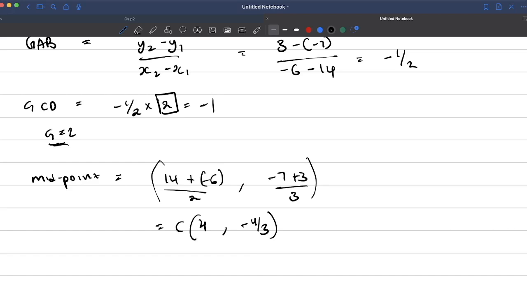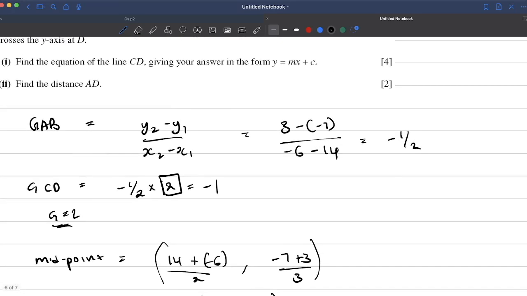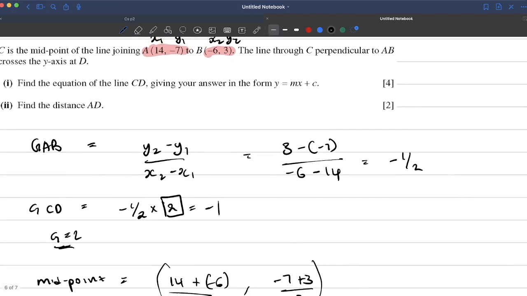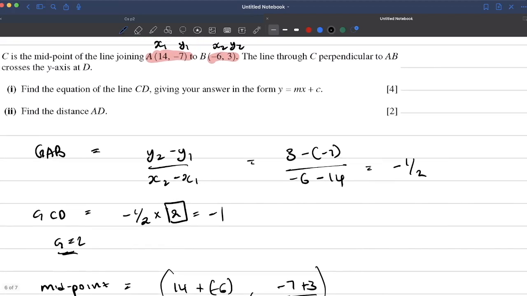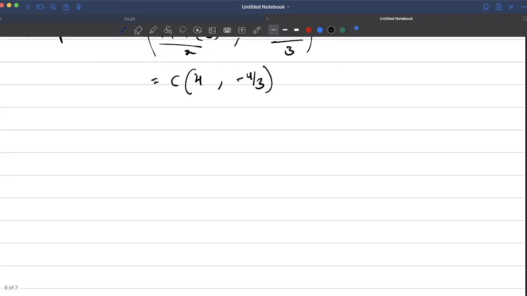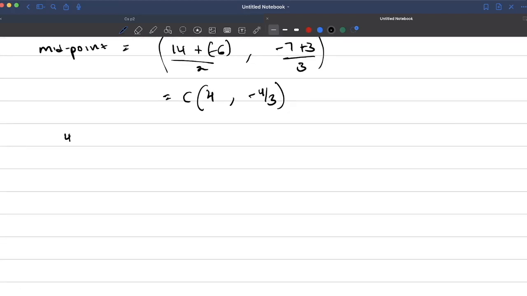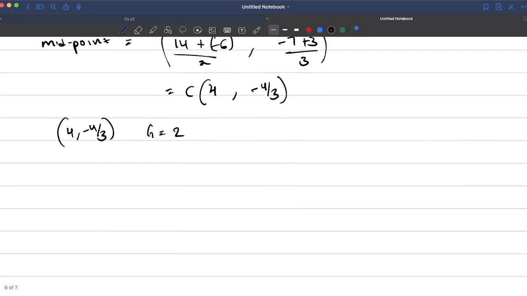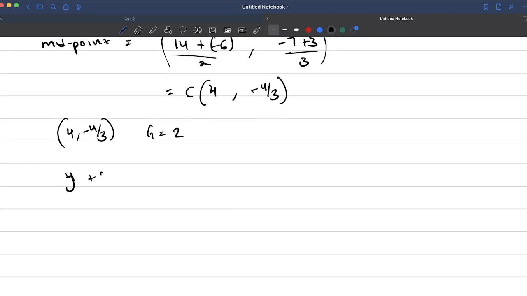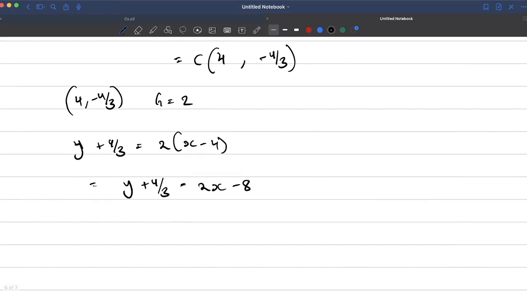So these are the coordinates for C. Good. Now I have everything I need. I have the coordinates and I have the gradient. So I can now use my trusty equation, such that y plus 4 over 3 is equal to 2x minus 8. And then I take it the other side, minus 8 minus 4 over 3.